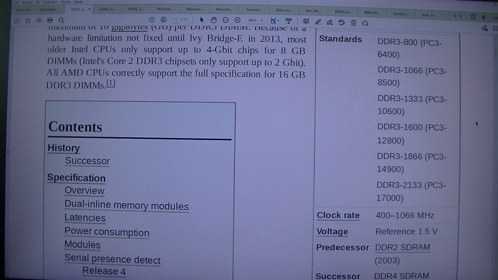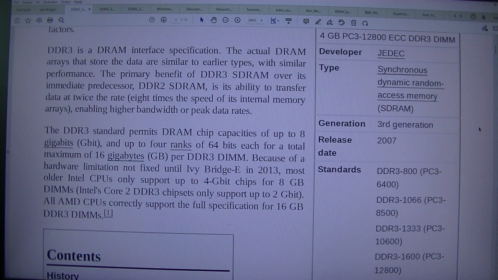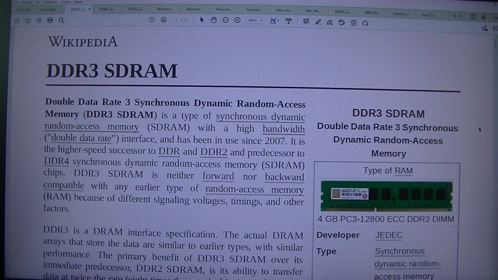Clock rate 400 to 1066 MHz. Voltage reference 1.5. Predecessor DDR2 SDRAM 2003. Successor DDR4 SDRAM 2014.